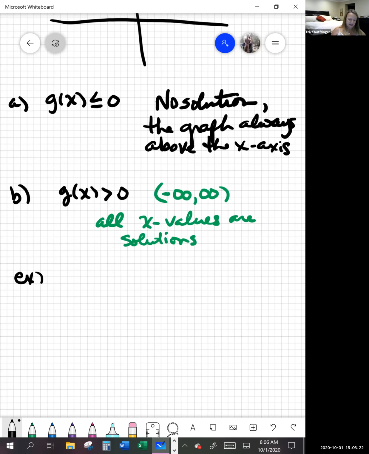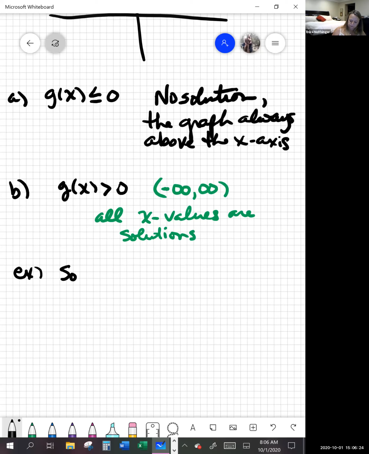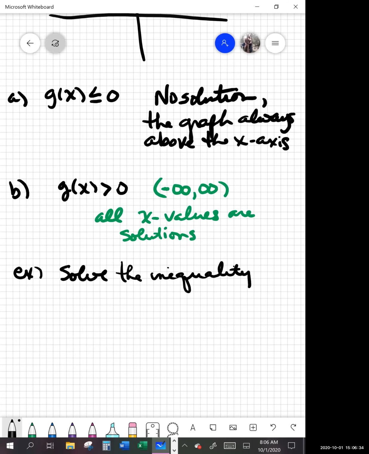So it says solve the inequality. And we have x squared minus x plus 1 is less than or equal to 0.